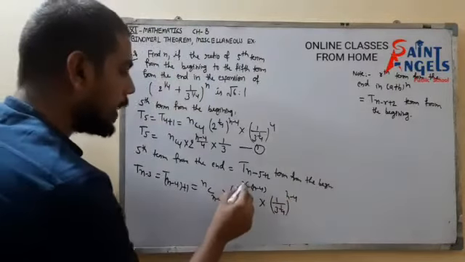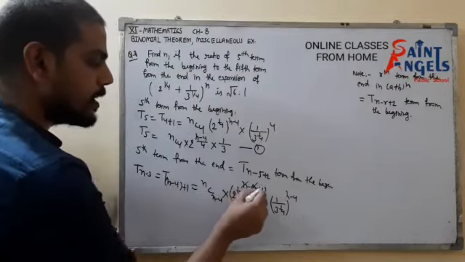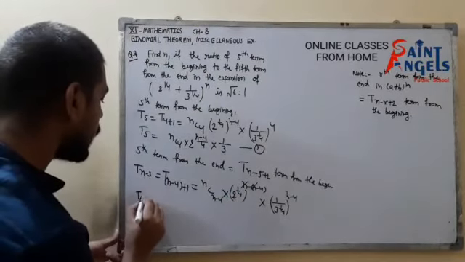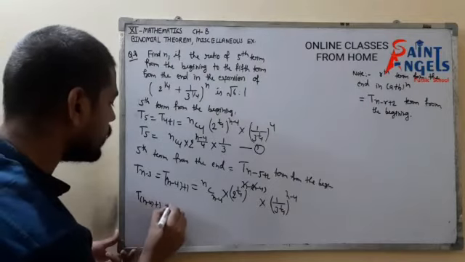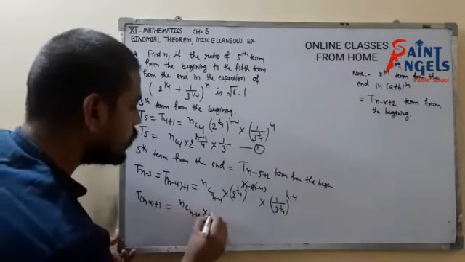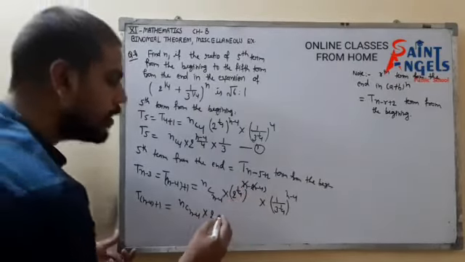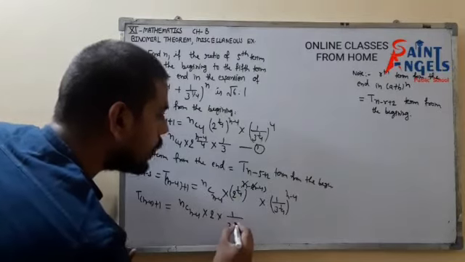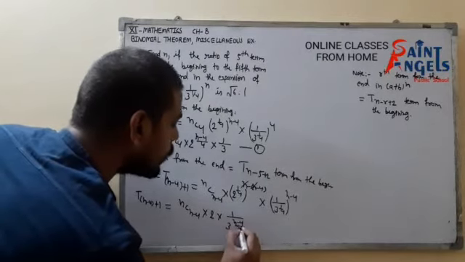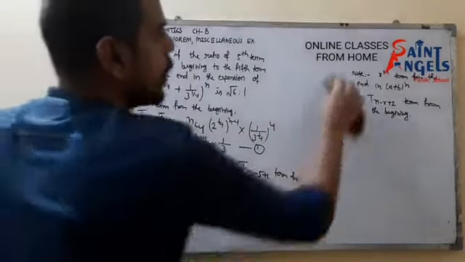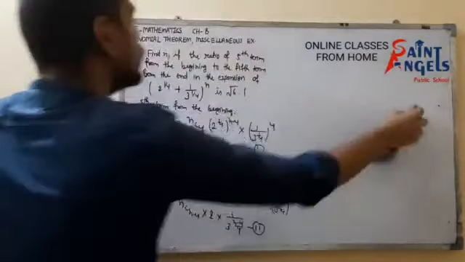So here the n will cancel out, and that would work out to 2 to the power 1. So the t(n minus 4 plus 1) term equals nC(n minus 4) into 2 to the power 4 upon 4, which is 1, and that would be 1 upon 3 to the power (n minus 4) upon 4. Equation number second.